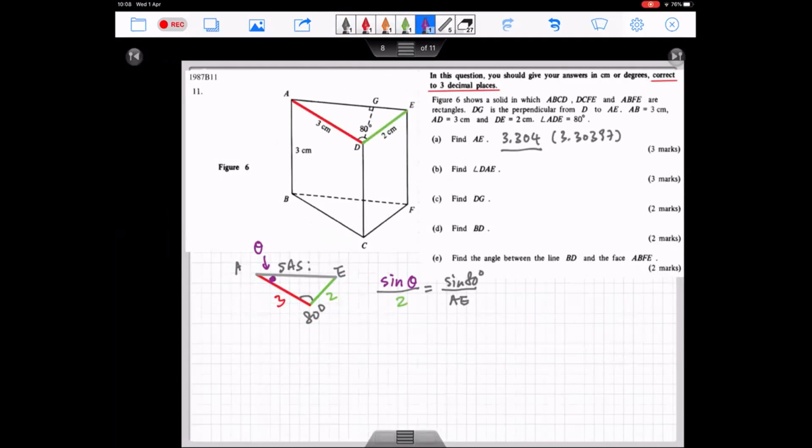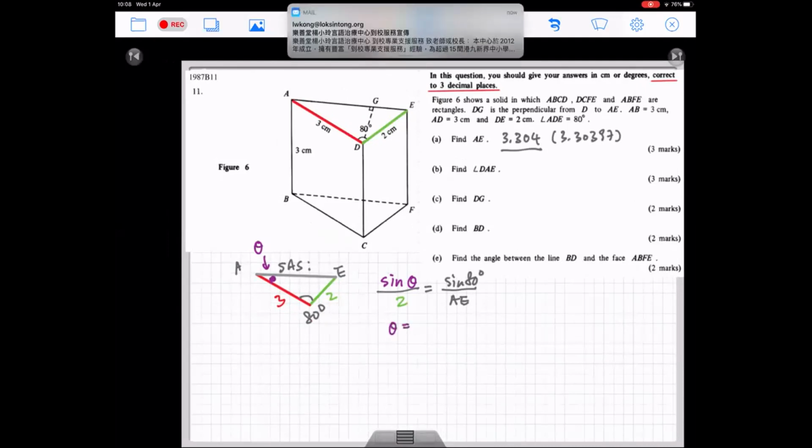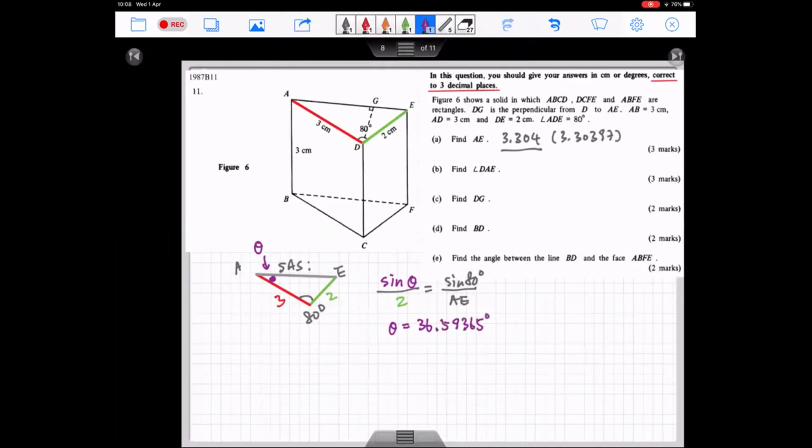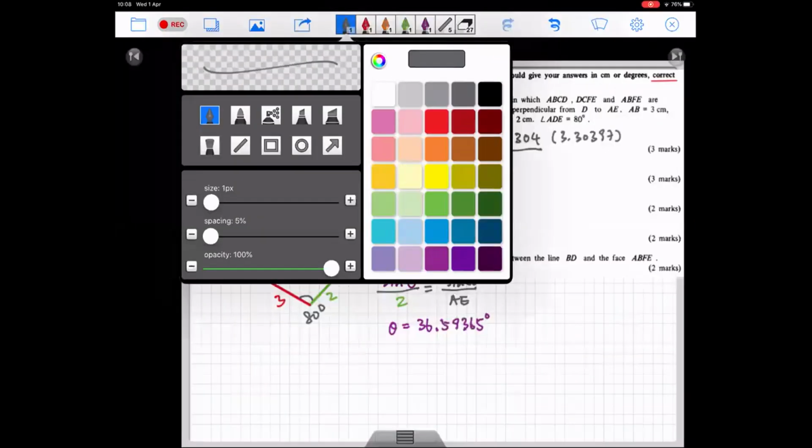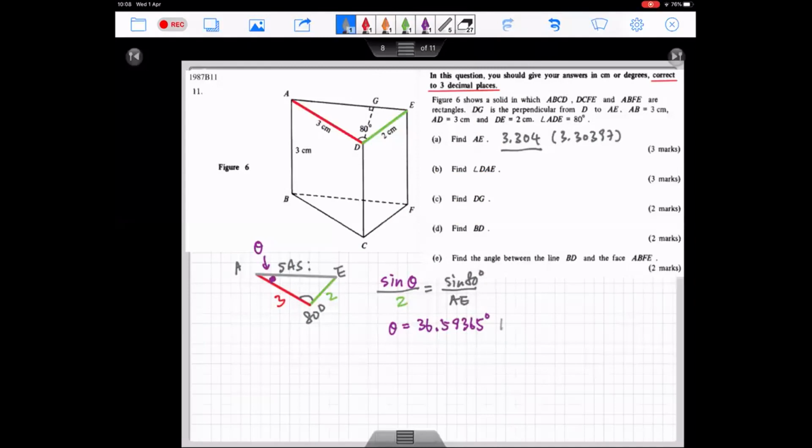So we have theta will be 36.59365 degrees, all right? Normally, you have to worry about the ambiguous case, that you have 180 minus this. But in this case, you have to reject the extra answer, because this one together with 80 degrees will violate the angle sum of triangle.